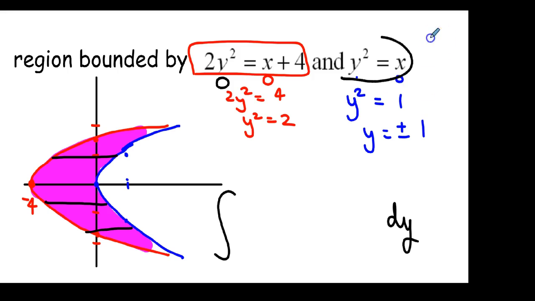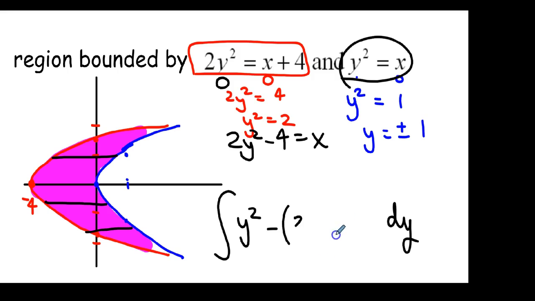This one already is. This one I need to bring the 4 across. So tell me right minus left. What do I put here? Excellent.